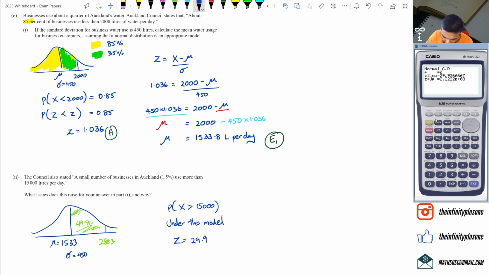So for this claim to be valid, either the mean or standard deviation must be higher. Or else we can say that it's clearly not a normal distribution.